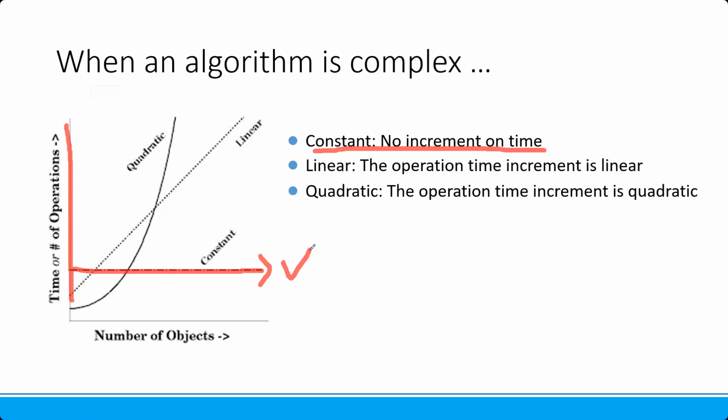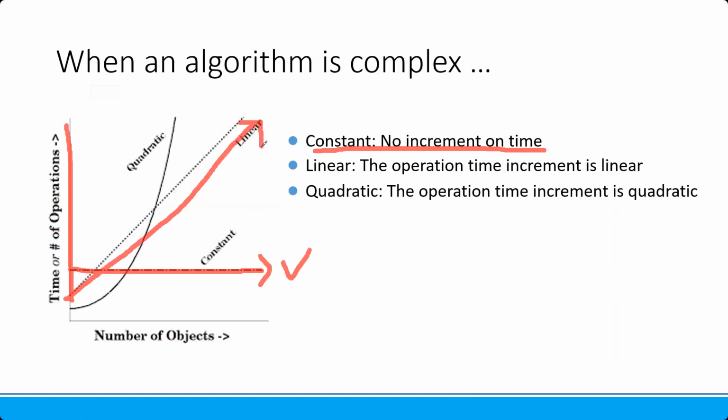So when you have 1 GB of data or 1 TB of data, the algorithm just runs for 1 second. But that is not the case. When the data is getting bigger, usually the operation time also gets bigger.